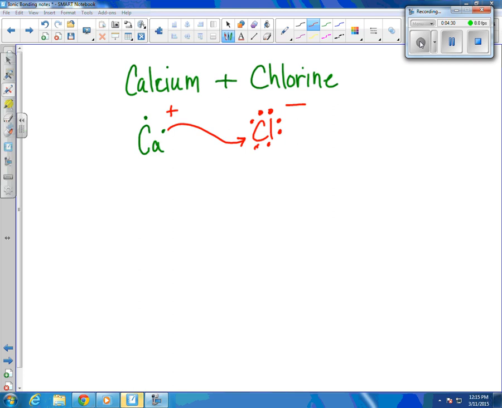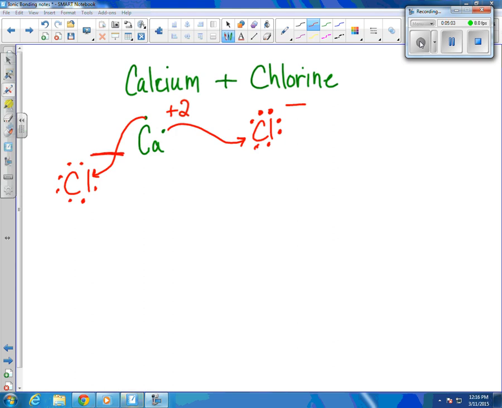Okay? And then my calcium right now just has a +1 charge. You can write plus or +1, and it's always assumed that if there's a plus there, it's a +1 charge. That might help you a little bit. Now I know that calcium's not happy yet, so I know another chlorine's going to come in. And calcium willingly gives another one of its electrons away, giving it a +2 charge, and giving my chlorine a minus charge.